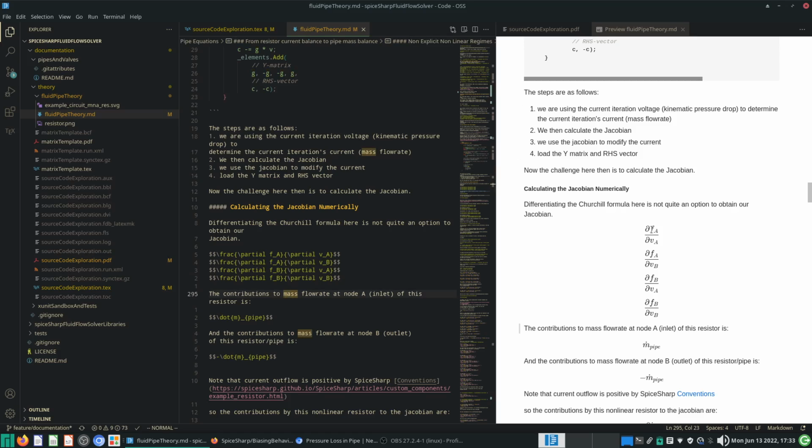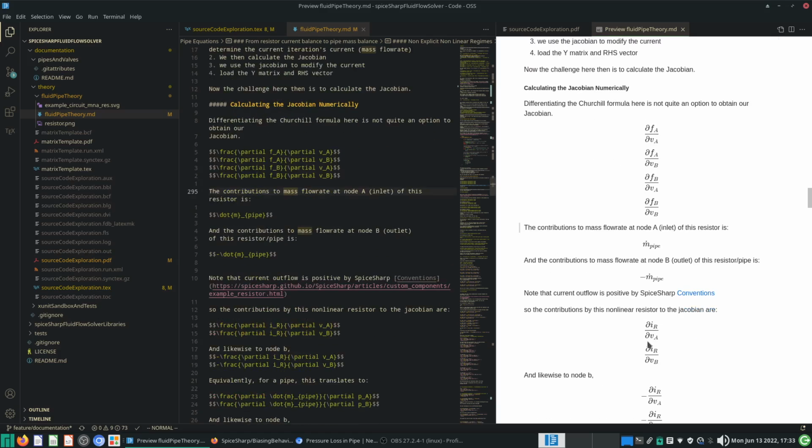Now the tricky part is how do you obtain the Jacobians? Delta FA, delta VA, delta FA, delta VB, and so on and so forth. I'm going to try replacing all of this with a mass, and we remember that all of these terms here are not the full Jacobian.